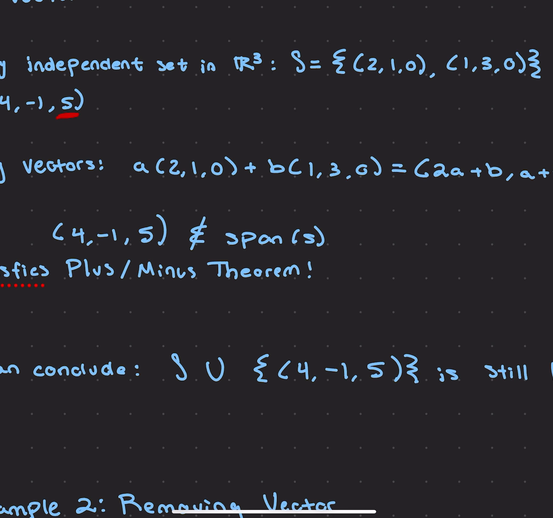The third coordinate is always 0, as we see here, but the vector we want to add has a third coordinate of 5. Since you cannot get a 5 in the third coordinate from the set S, the vector 4, negative 1, 5 is not contained in span S, which satisfies the plus theorem condition.